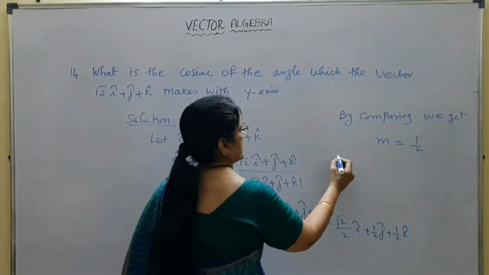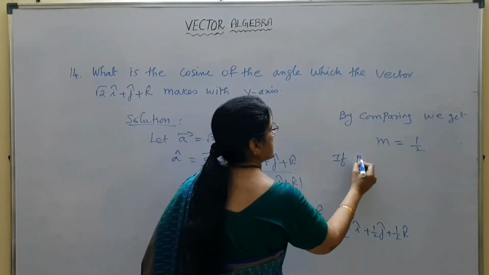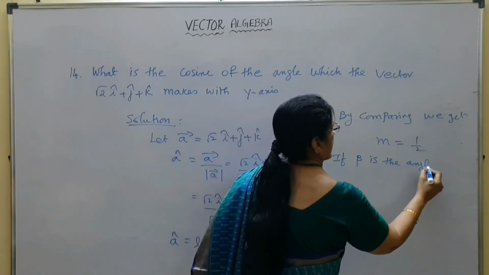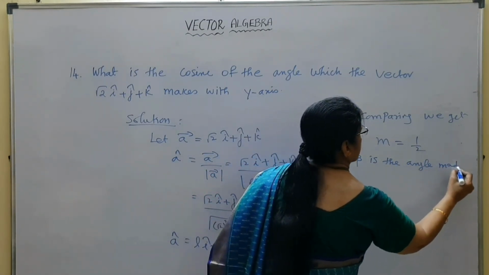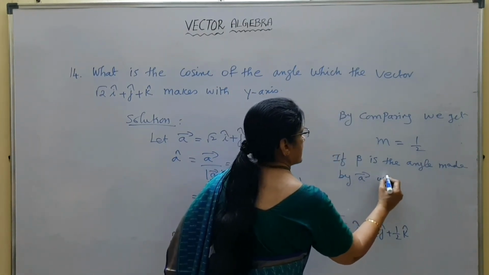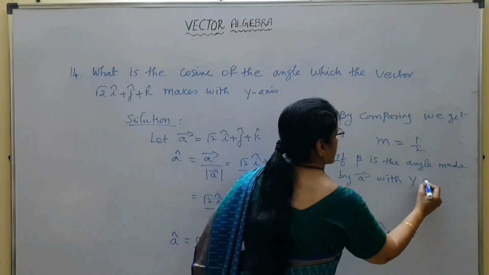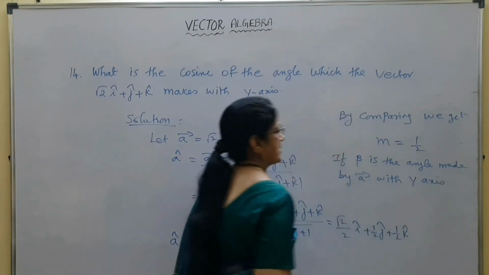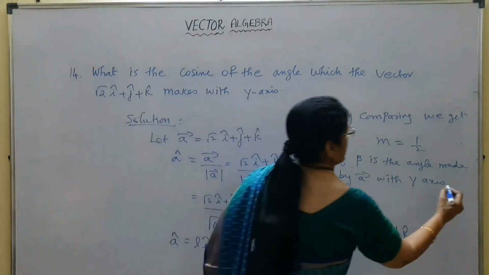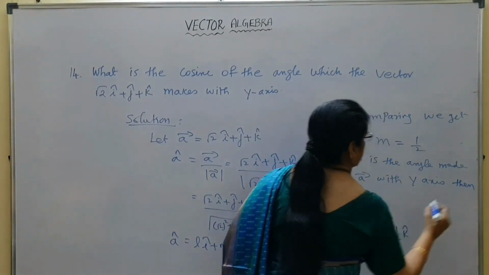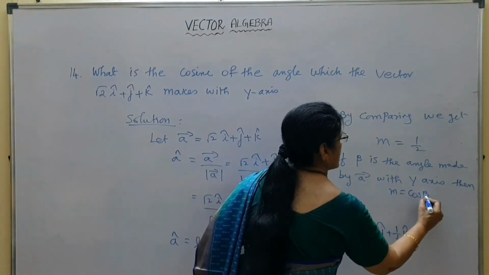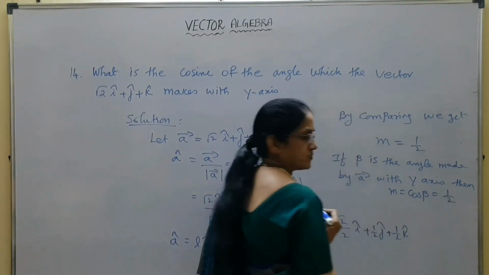Okay. So if beta is the angle made by the vector with y-axis, M is equal to cos beta is equal to 1 by 2.